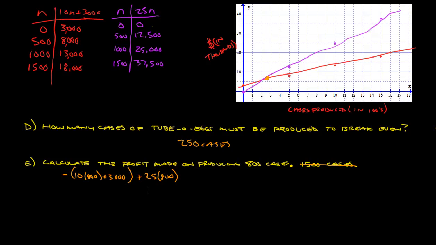So that's 8,000 plus 3,000, a negative $11,000. That's how much it costs to produce it. And then 25 times 800 is 20,000. So it gives us a total net of, you're going to make $9,000 if you sell that many.